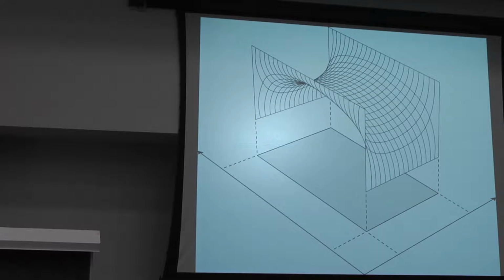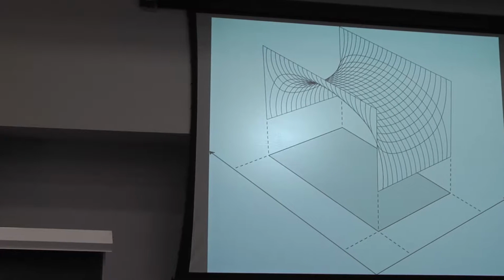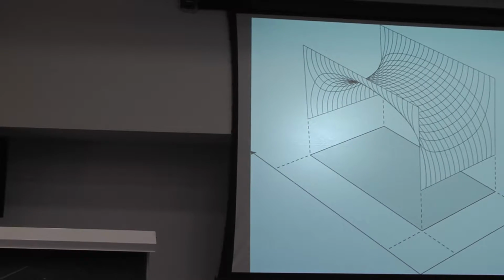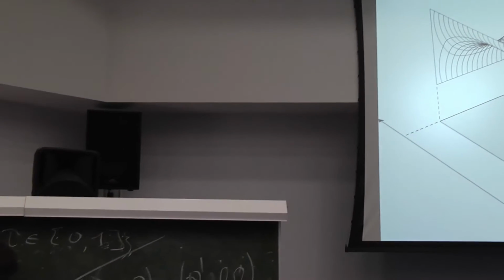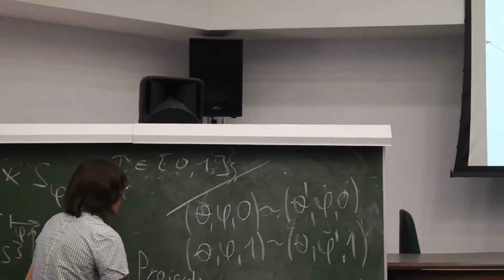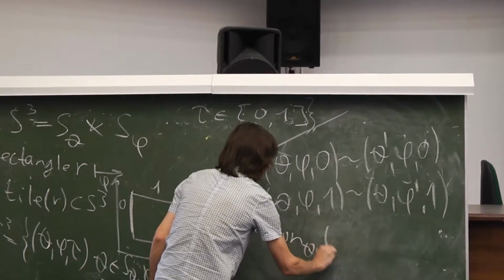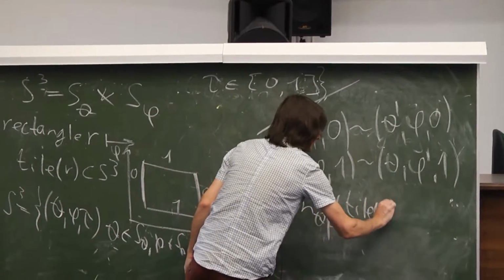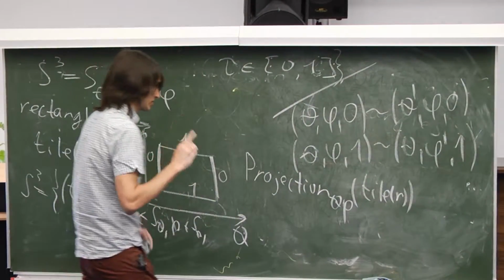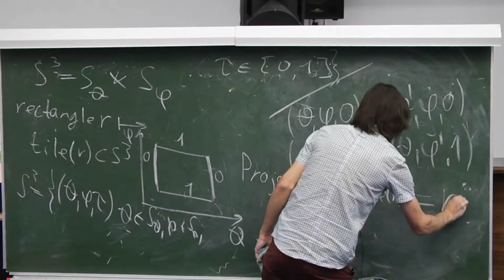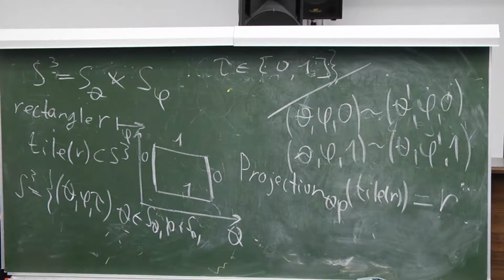So, in other words, we want that the projection of the tile to the torus theta phi is the initial rectangle. The tile that we construct projects to our rectangle on the torus.